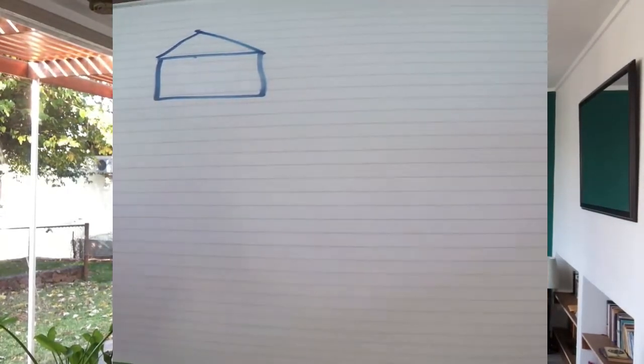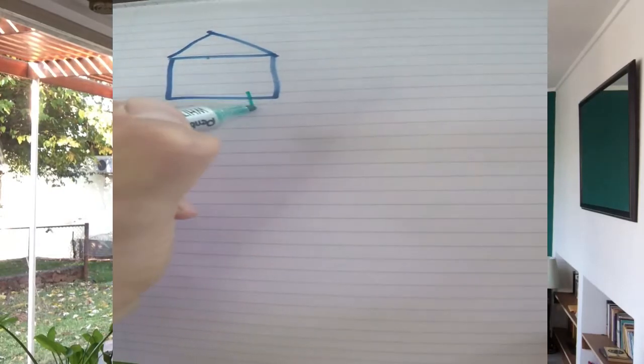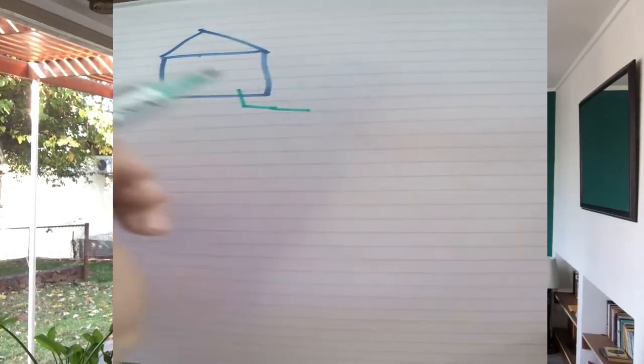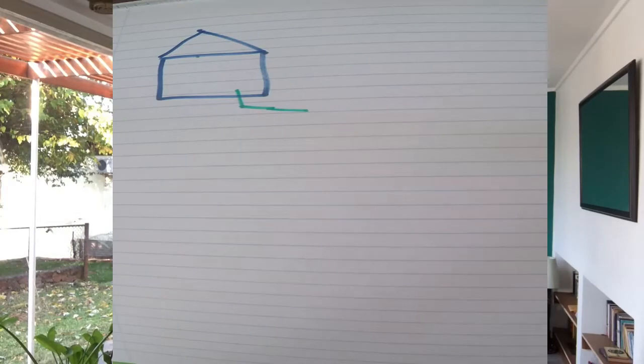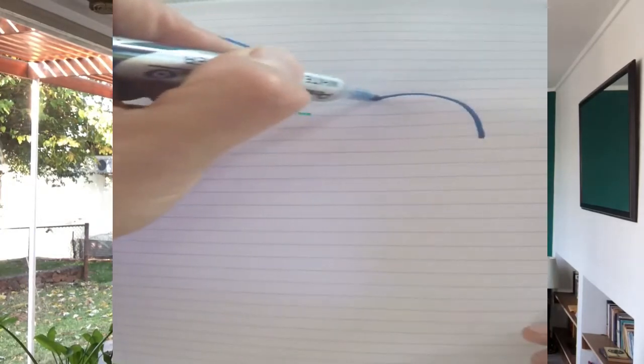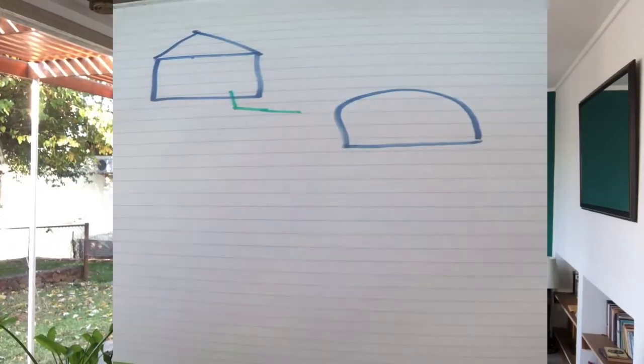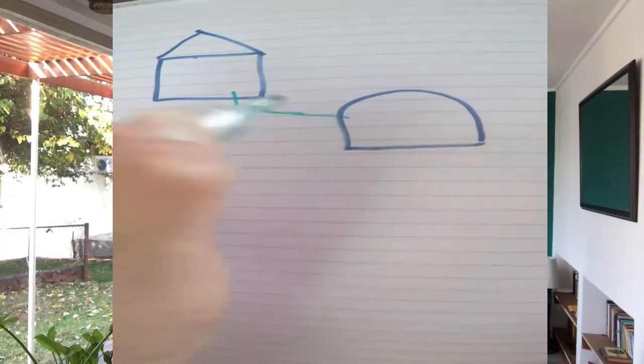So we've got our house, we've got our bathrooms in that house, and out of that house comes our main sewer. What would happen is we bury a conservancy tank or a septic tank, and this sewer comes in here.